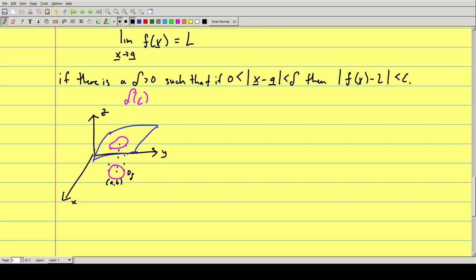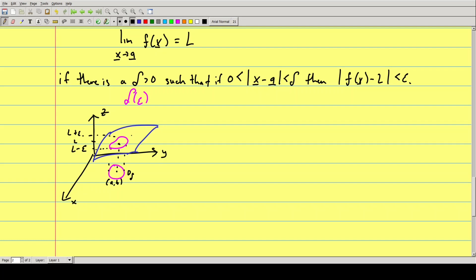Okay. So what we have is there's going to be some minimum height on this, and there's going to be some maximum height on this, the way that this shape is cut into our surface here. And of course, what we want to know is what's going on with the limit L here on the side.